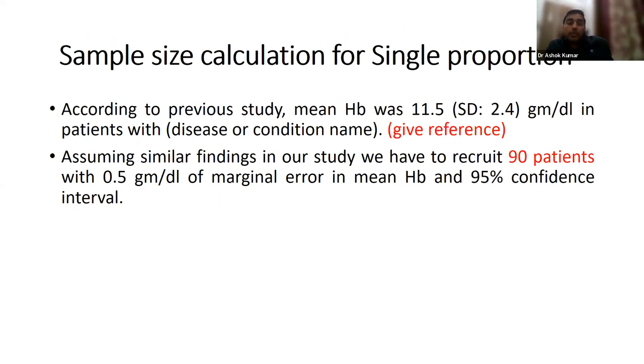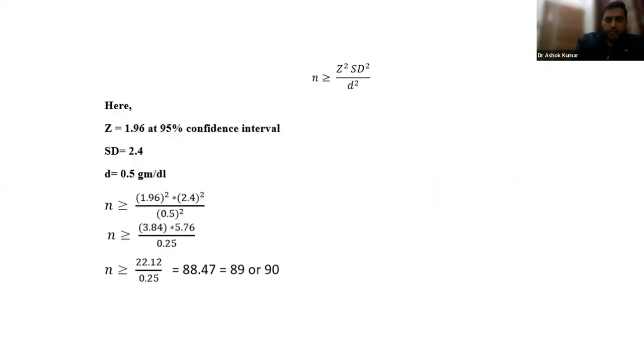Anticipating 20% loss to follow-up or non-response rate, we have to recruit 113 patients in our current study. So with the dropout rate, we have to write the sample size also in the third line. There is no need for points, we can make a paragraph for this.